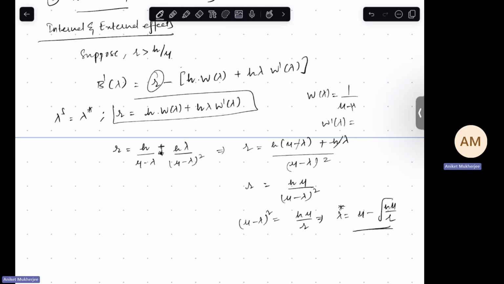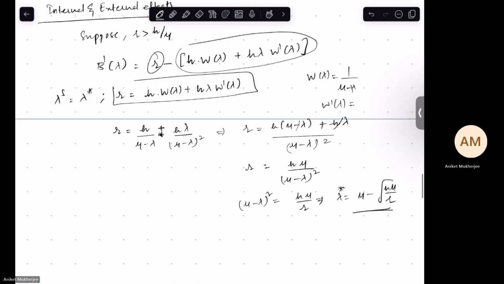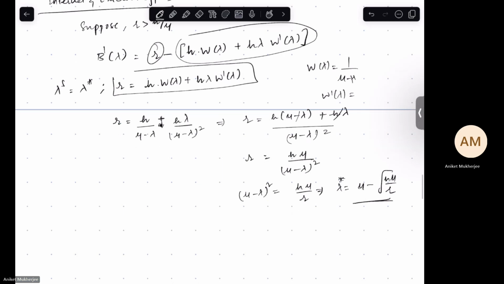So you have two terms in the objective function, and what we did was we calculated the rate of change and we equated the increase in the rate of change of one to the decrease in the rate of change of the other, right? And how did we find lambda e, which is equal to lambda bar?